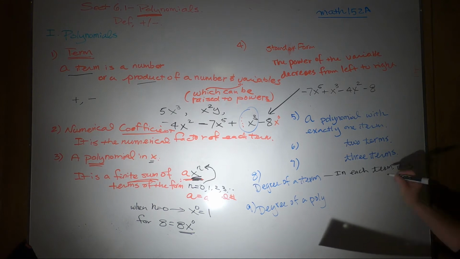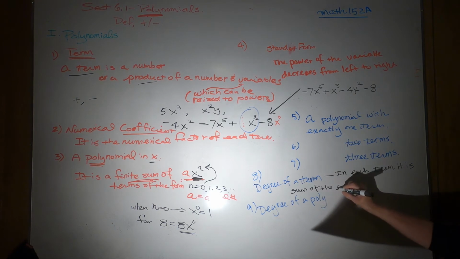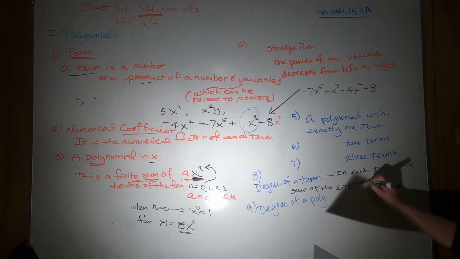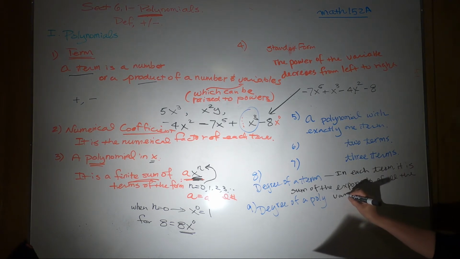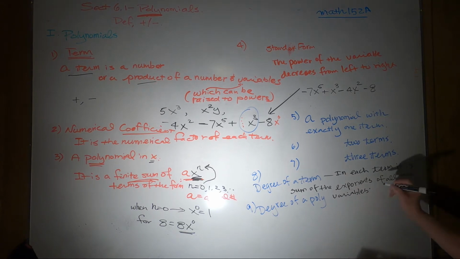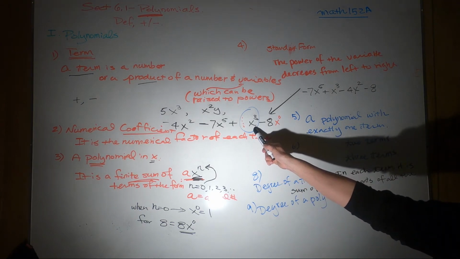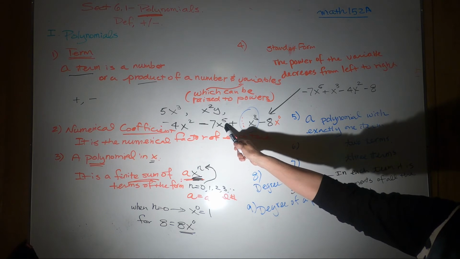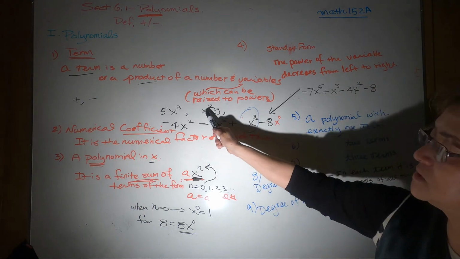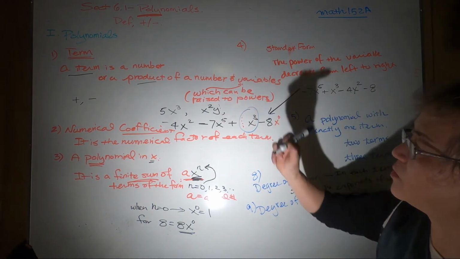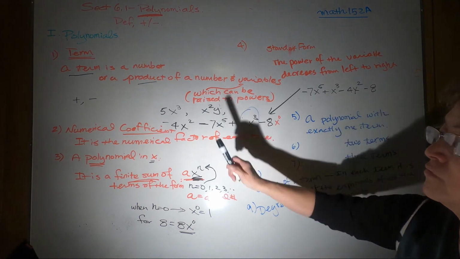It is the sum of the exponents of all the variables. So if it's just one variable like this term, what's the degree? 3. What's the degree for this term? 5. But look at this one. You have 2 variables. What's the degree for this one? You see, this is the invisible 1. So the degree for this term, still one term, would be 3.